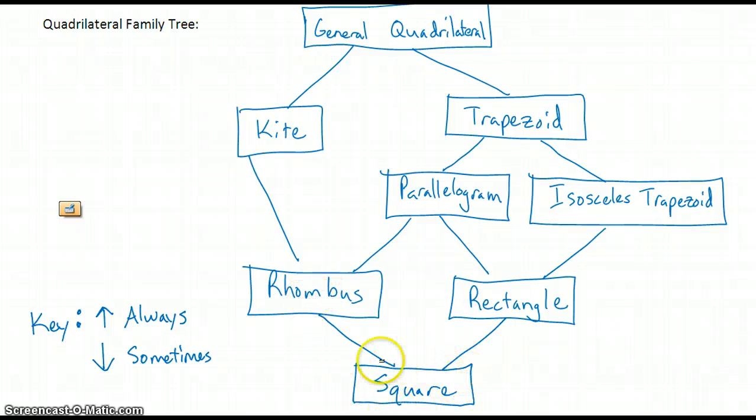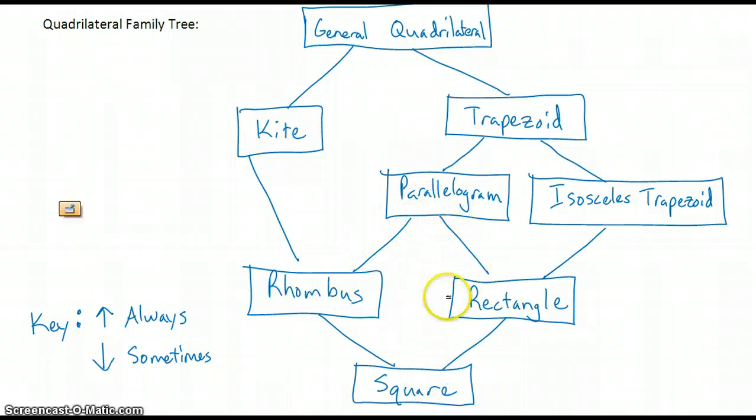If you look at the square, it goes up to everything. What does that tell you about the square? Well, the square has all the properties of everything above it. So a square is always all the other quadrilaterals. If we look at this branch right here from parallelogram, a parallelogram branches to a rhombus and a rectangle, and then those branch to make the square.